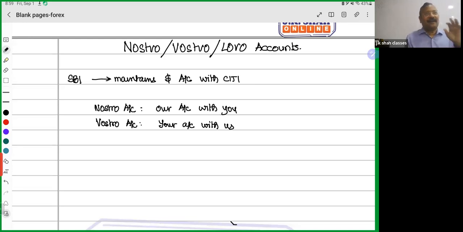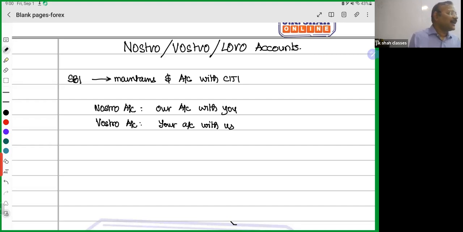Now, once Kotak renders this service, Kotak will require payment. And let's say it requires the payment in dollars. So what will it do? It will ask SBI. SBI will say, my account is with Citi, so you contact him. So what will Kotak write? Kotak will write, we have rendered this service on behalf of SBI. We are entitled to a brokerage of $500.